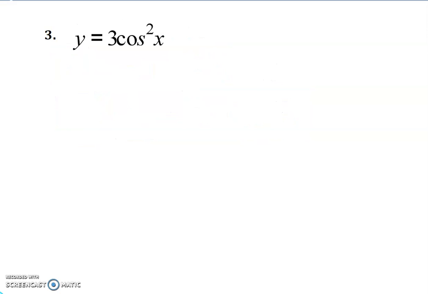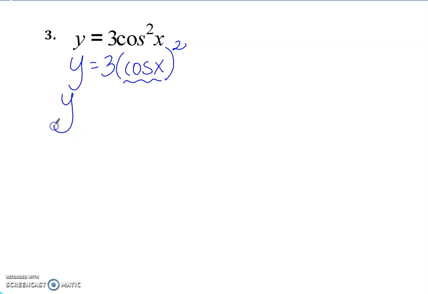Moving on to example 3. When we have square trig functions, this is going to also be a chain rule. We could think about it like this. I'm going to first do the derivative of this 3 cos x to the second, and then deal with the derivative of the cos x.